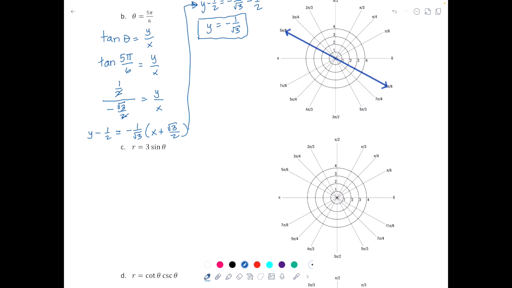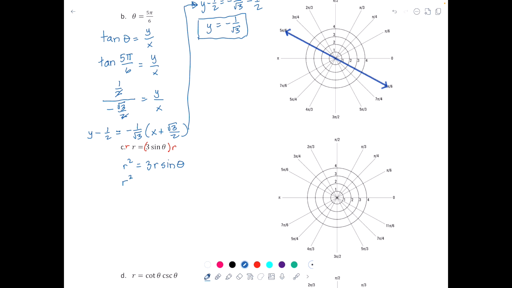When you have something like this, usually you almost have y, don't you? If you multiplied both sides by r, on the left side we have r squared, and on the right side we would have 3 times r sine theta. And what is r sine theta? Awesome. R sine theta is y.